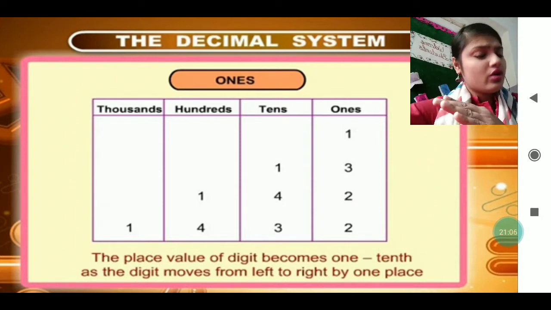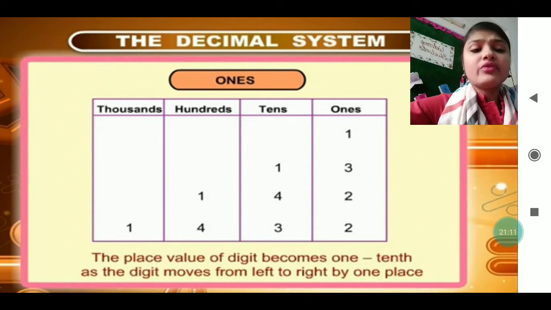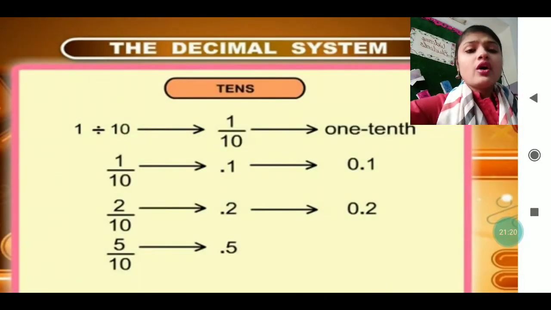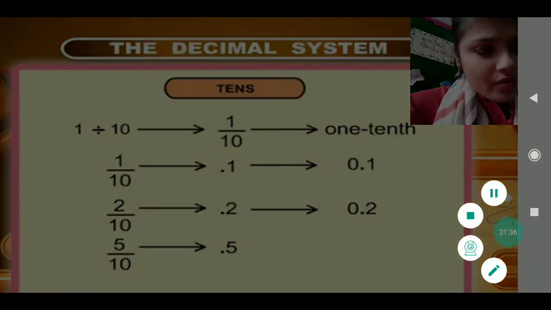When we go right to left, then it increases 10 times. When we go left to right, then we write 1 by 10 of the place value. You can see in this question 1 divided by 10, 1 by 10th, equals 0.1, 2 by 10 is 0.2, 5 by 10 is 0.5.